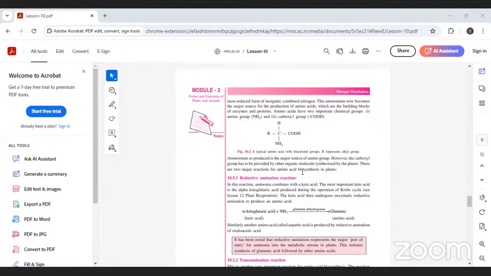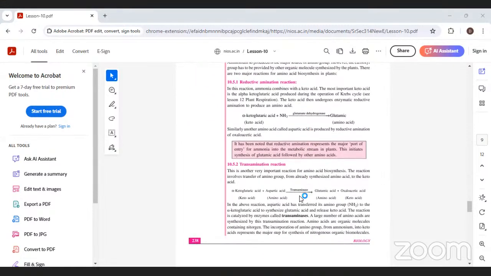Next one is the transamination reaction. This is another very important reaction in amino acid biosynthesis.